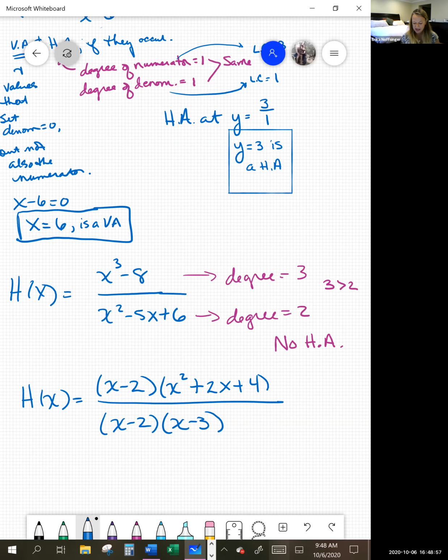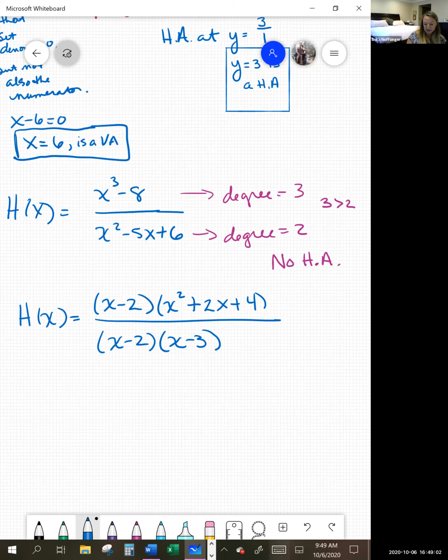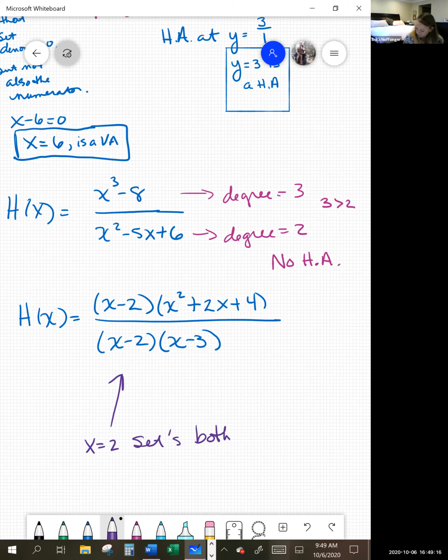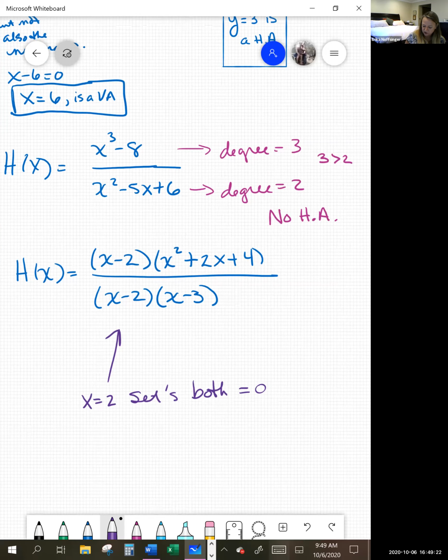So for the vertical asymptote, notice x equals 2 sets both the numerator and denominator equal to 0. So it's not part of our domain, but it's not a vertical asymptote because of that. So x equals 2 is not a vertical asymptote.